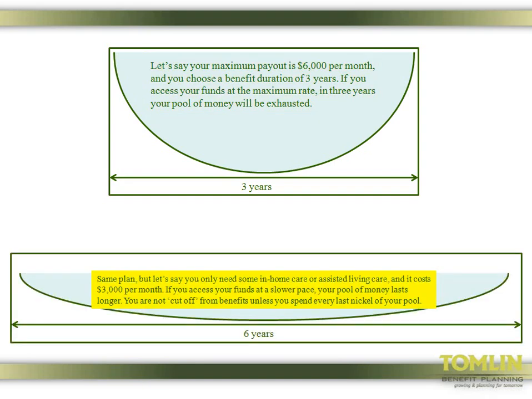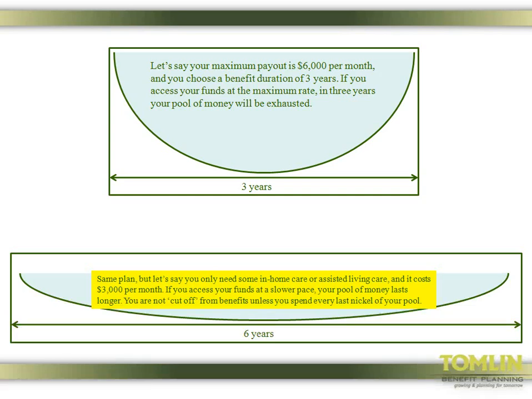However, let's say you have that same plan, with a maximum payout of $6,000 per month, but you find care that's less expensive, or maybe you don't need that high level of care. Maybe just some care at home or an assisted living facility would take care of your needs, and that's less expensive than a nursing home, for example.